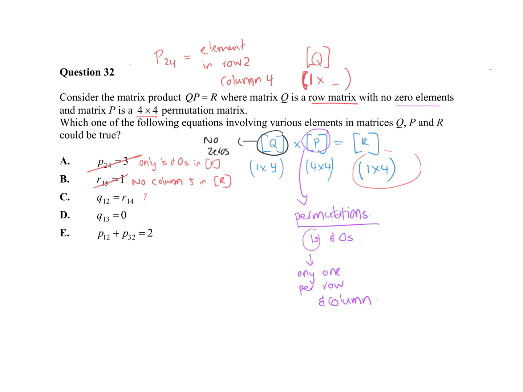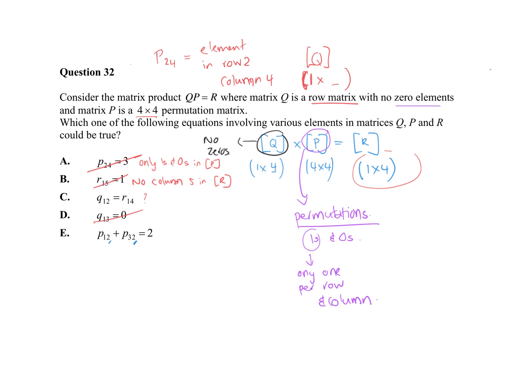So that one's out. Now, if you look at this last one, they're adding elements of the permutation matrix. Now, they've got the same column here. So if they're adding, those elements are both from column 2, they can't both be 1.